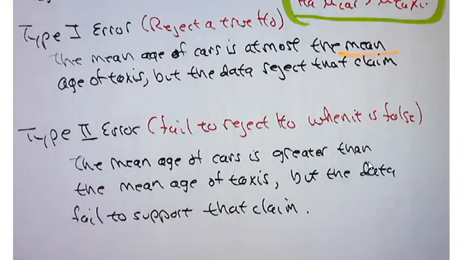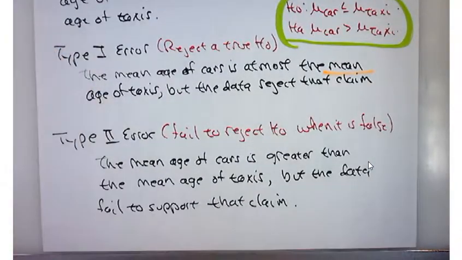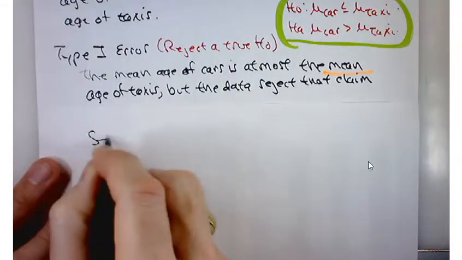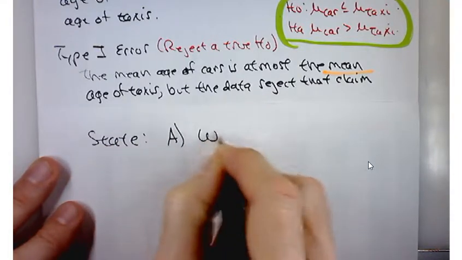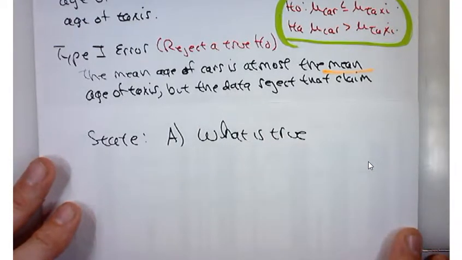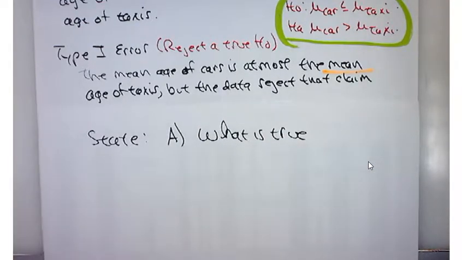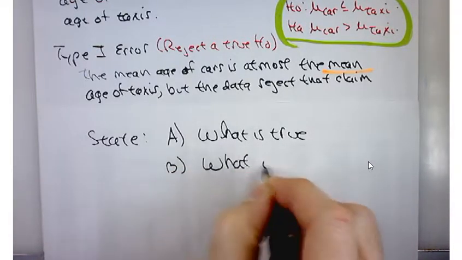So when you're stating your conclusions for type 1 and type 2 errors, there's two things I'm going to be looking for. First of all, what is true. So tell me what's true in your type 1 and your type 2 errors. And the second part of it is what was your decision.